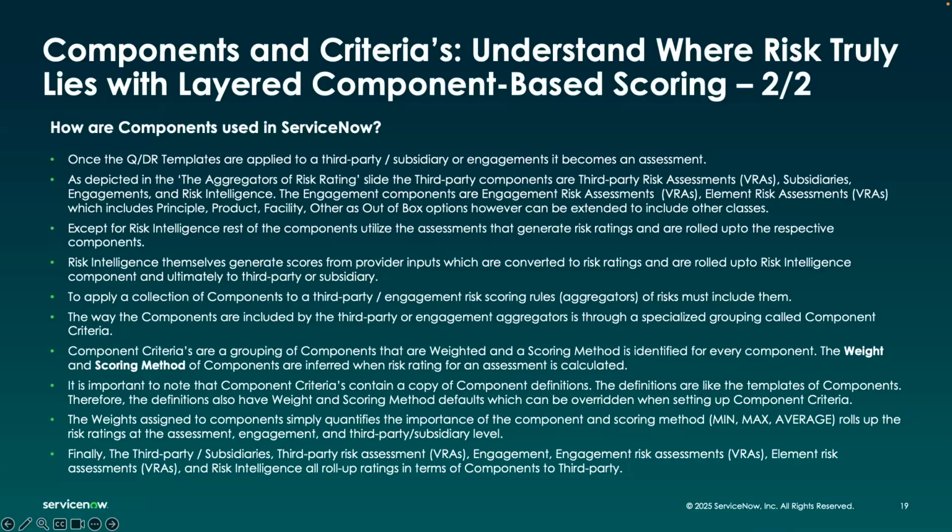For engagements, the framework introduces additional granularity through subcomponents: engagement risk assessments, assessments specific to the engagement, and element risk assessments focused on supporting entities like principals, products, facilities, or other external organizations involved in the delivery of that engagement.